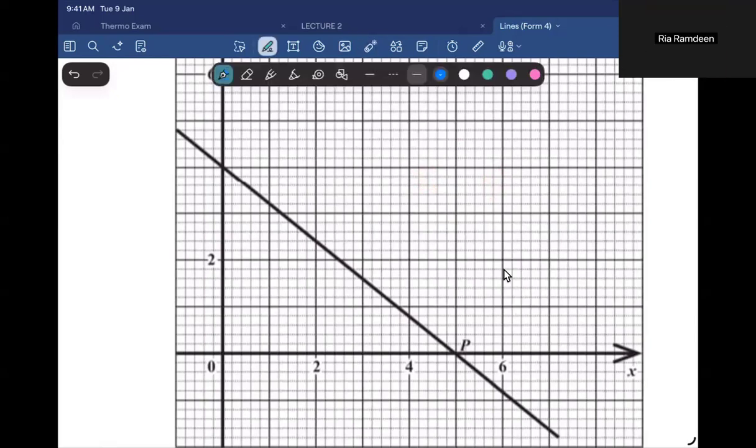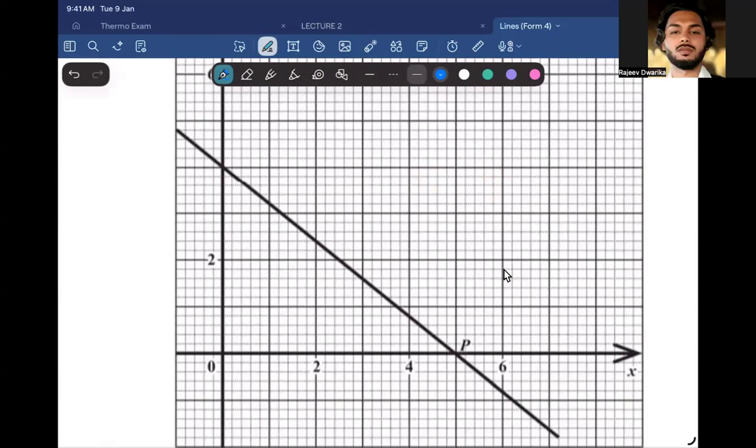So we only have two nice points from this graph.